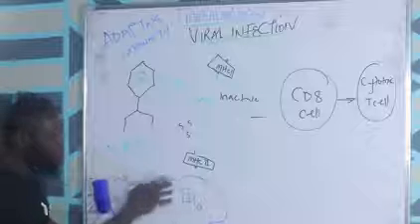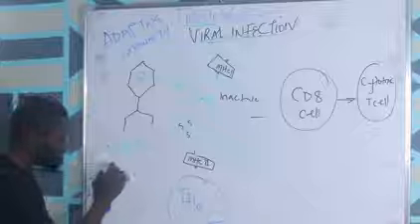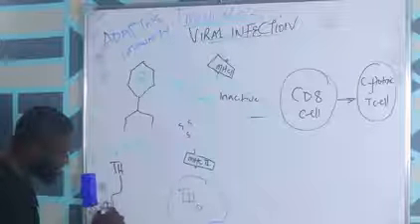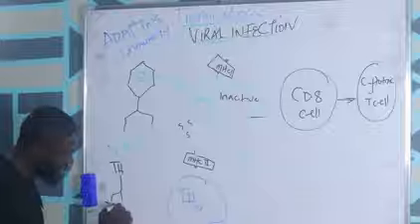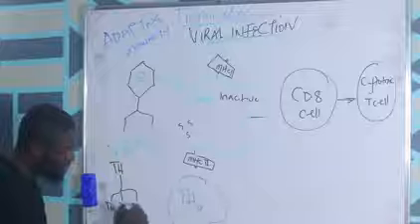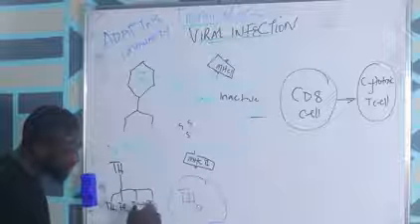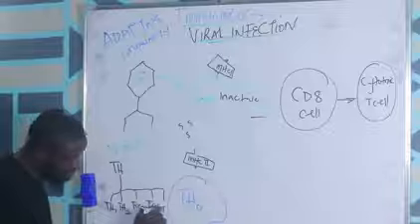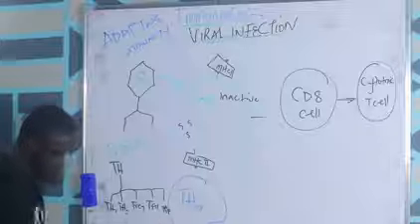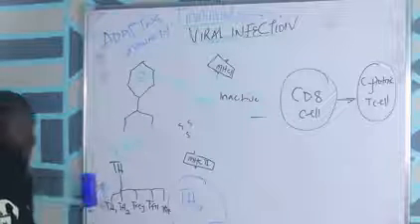So what's now happening is we have a TH0, and do not forget, T helper cells can be TH1, TH2, Treg, TFH, and TH17. So these are the 5 different types of T helper cells.